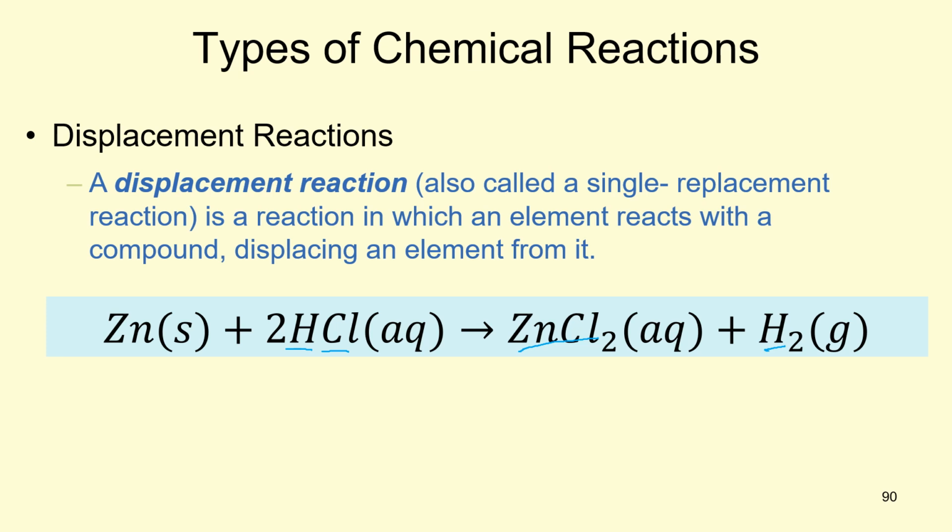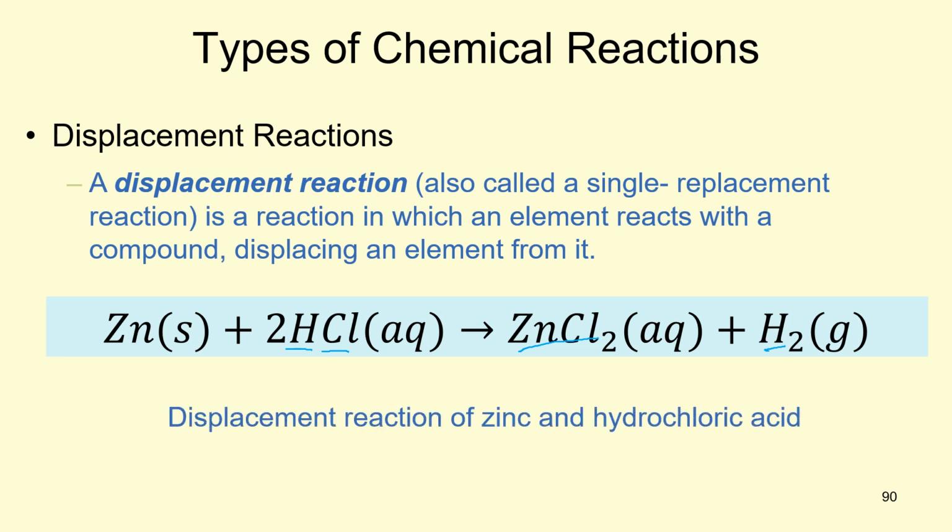Single displacements are always redox reactions. And if we go through real quickly, zinc is a 0, H is a +1, Cl is a -1. Here, zinc is a +2 because Cl is a -1, and hydrogen being in its elemental form is 0. So zinc has been oxidized and H has been reduced.